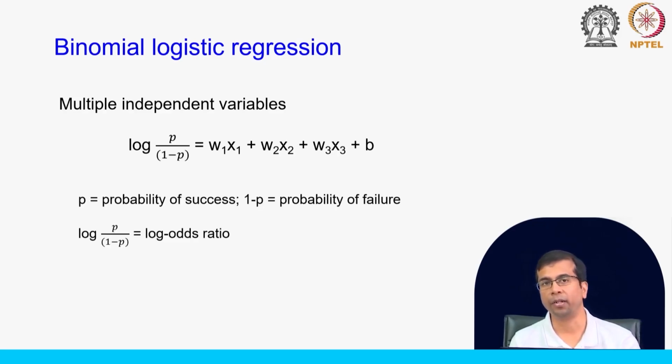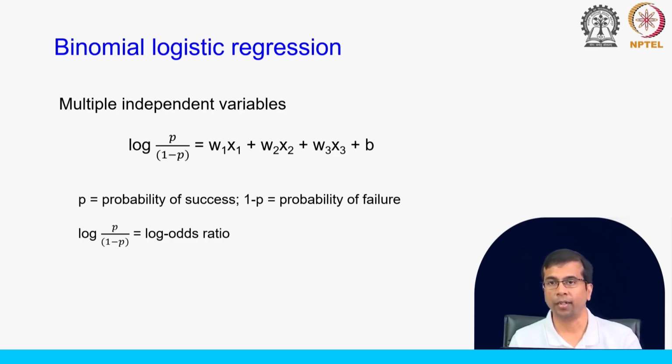This p is the probability of success and 1 minus p is the probability of failure. This is actually related to binary classification. One class would be defined as success, another class would be defined as failure. That is what we are defining here, and p measures the probability that a sample belongs to class 1, and 1 minus p is the probability that the sample belongs to class 2. This log p by 1 minus p is referred to as the log odds ratio.